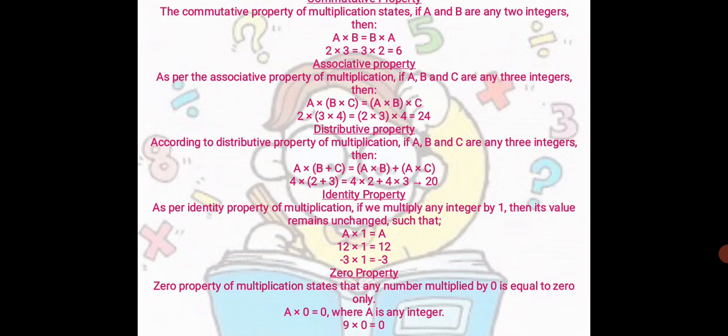Next is associative property. As per the associative property of multiplication, if A, B, C are any three integers or digits, then A into B into C is the same as A into B and C. Suppose 2 into 3 into 4 is the same as 2 into 3 into 4.